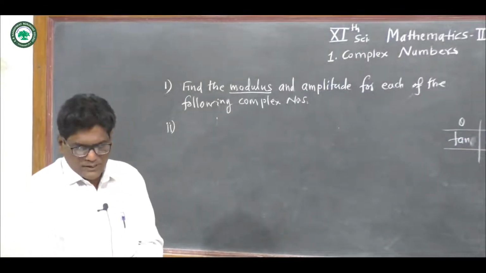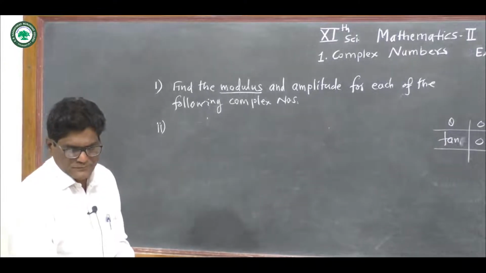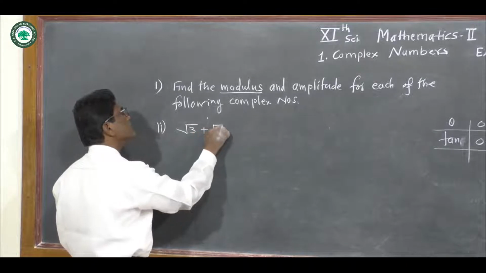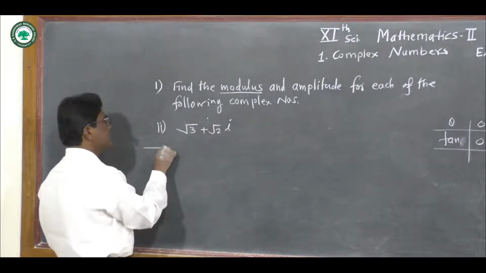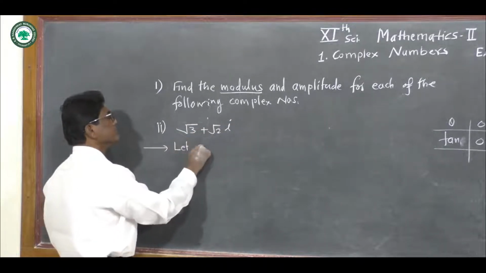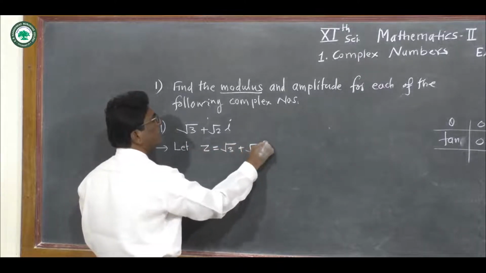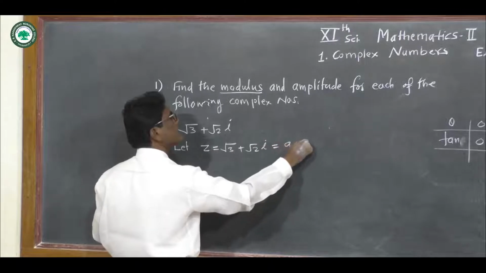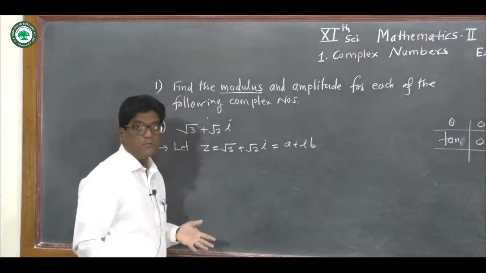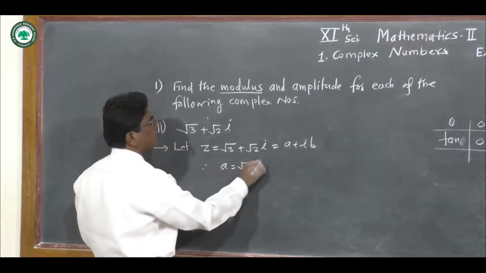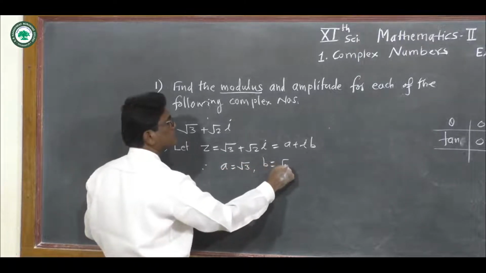Now the second problem: root 3 plus root 2i. Call this z. Let z be equal to root 3 plus root 2i. We compare with a plus ib, and therefore we get a is equal to under root 3, b is equal to under root of 2.